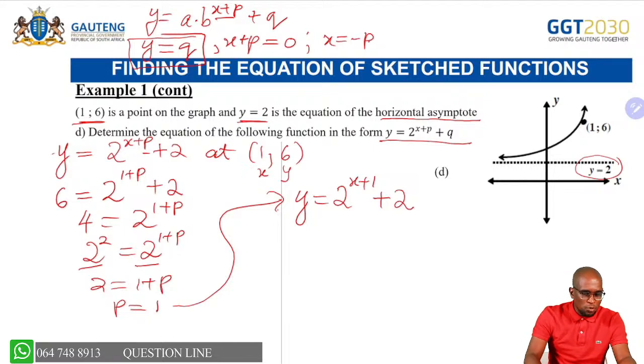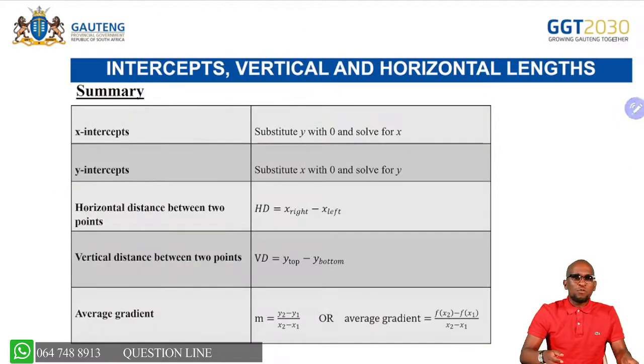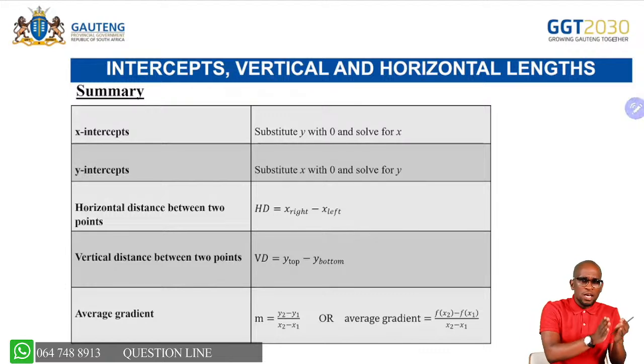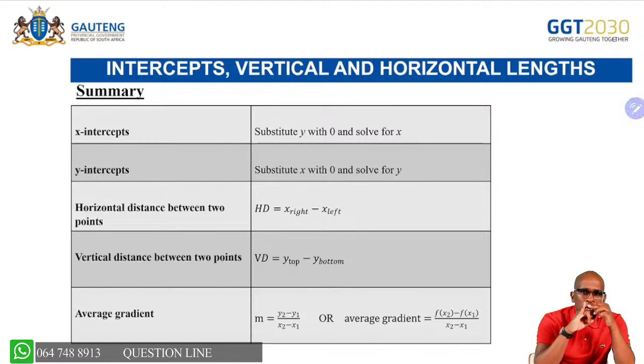Now we are done. We move on to another concept, but before we move on, let us just recap on what we've done. We determined the equation of a hyperbolic function, a parabolic function, and an exponential function. Those three functions, we were able to work out their equations. How did we do it? We looked at the form.